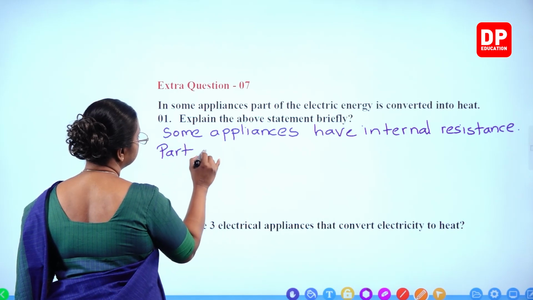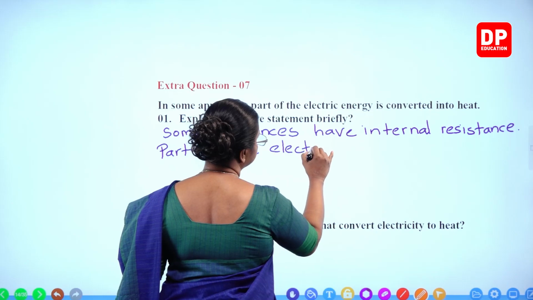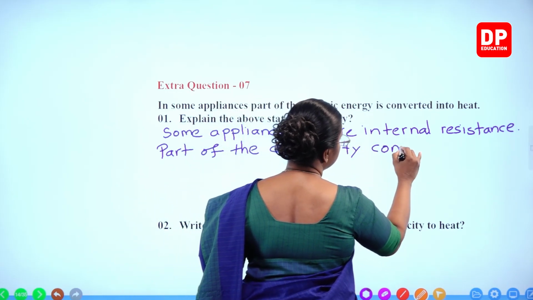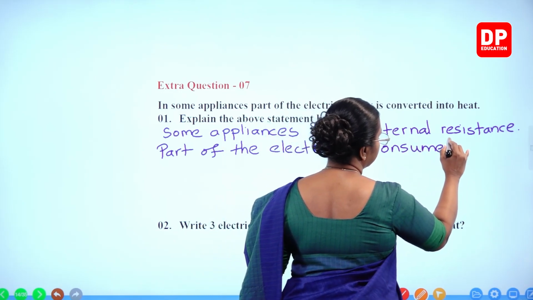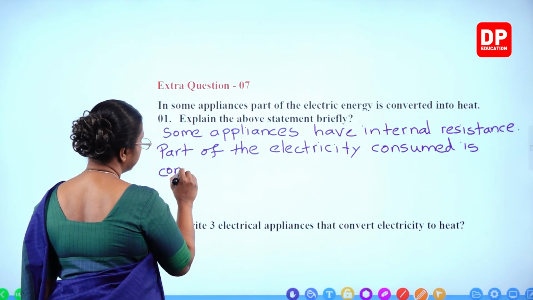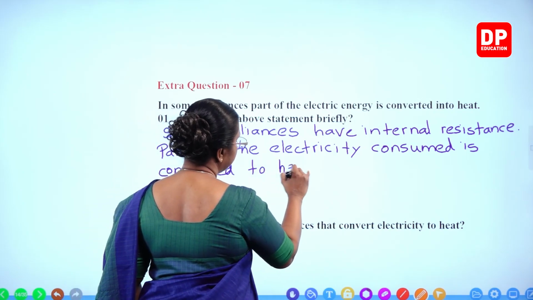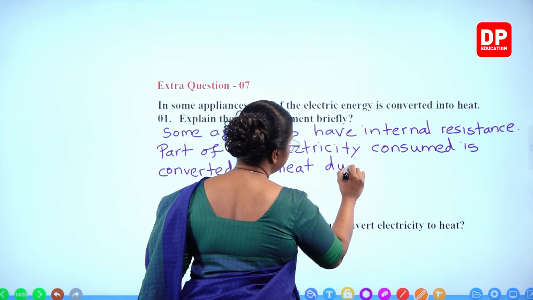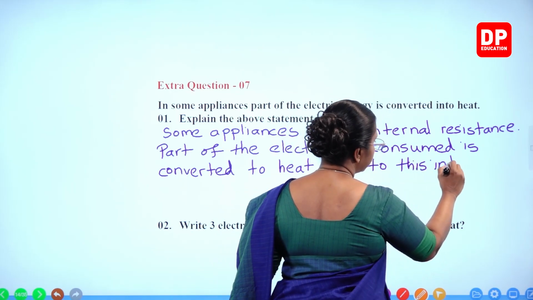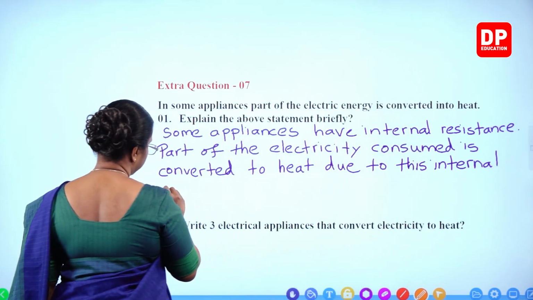Part of the electricity consumed is converted to heat due to this internal resistance.